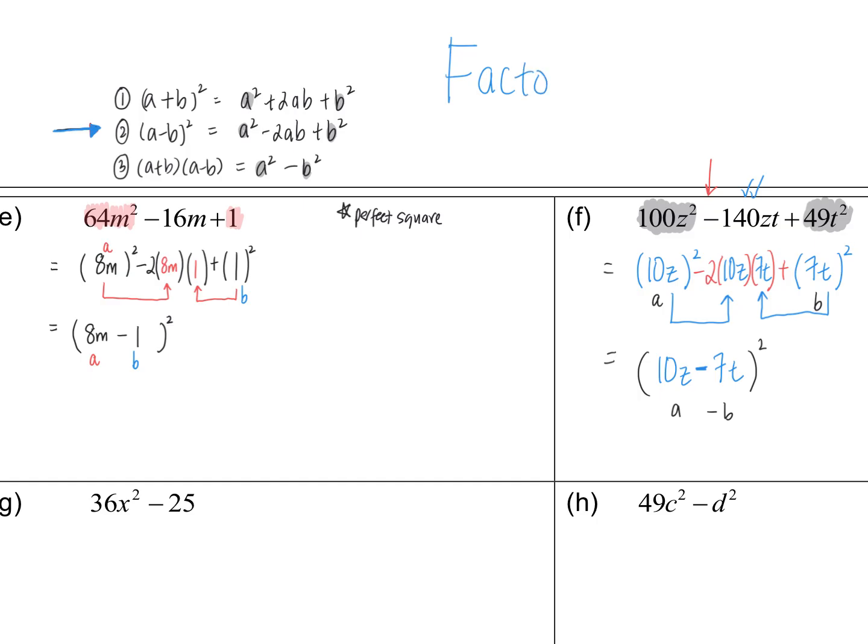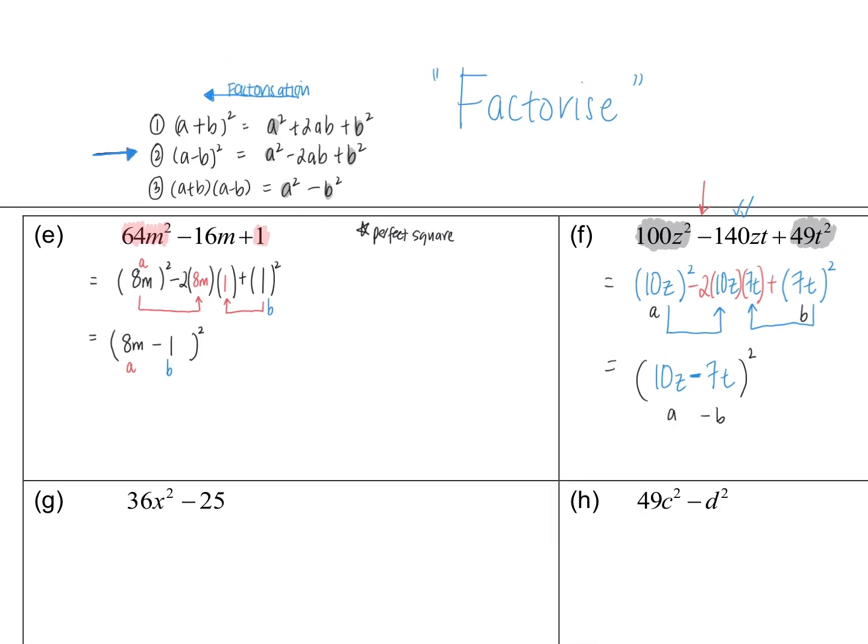I'm putting the 3 terms back into its brackets. So this process is called factorize. I'm going the opposite direction now. Earlier on we did expansion, we did this direction. So the opposite direction is factorization. If you are expanding, it is this direction.